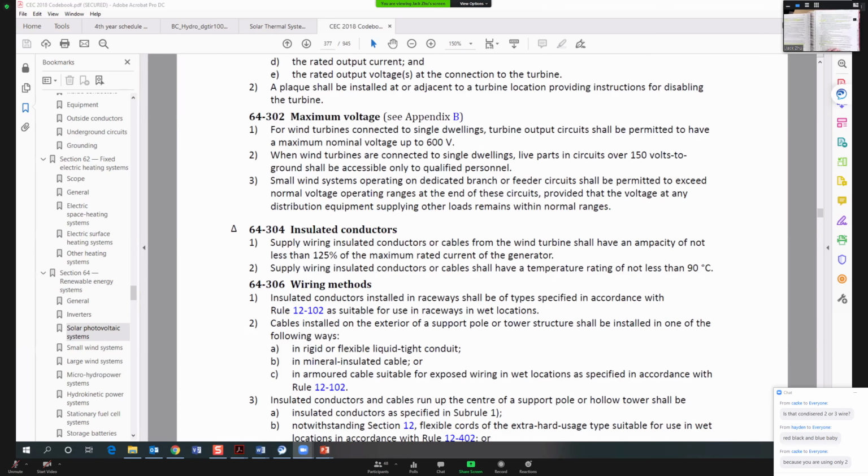That's if they are talking about the termination temperature. Part 3 asked for the size of the conductor.